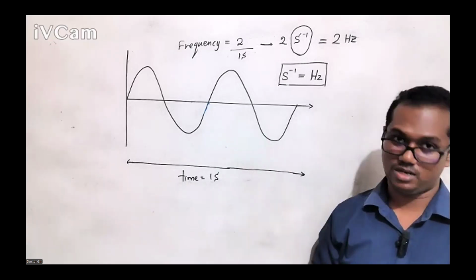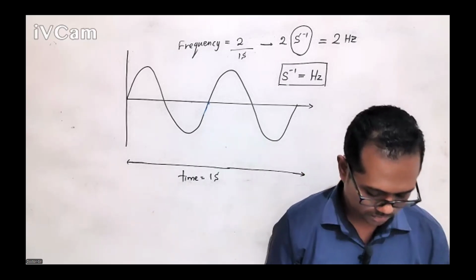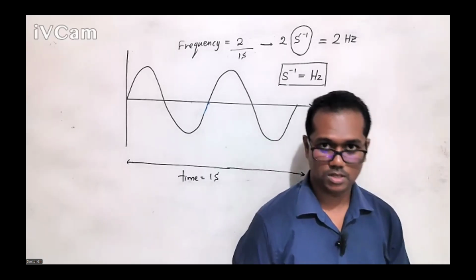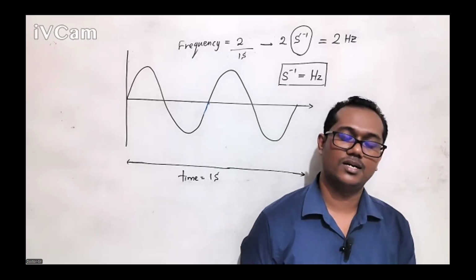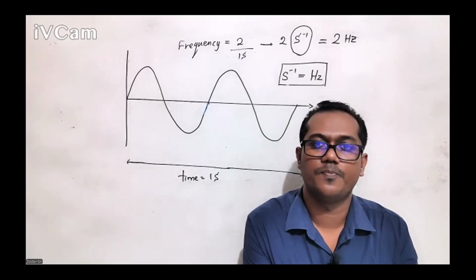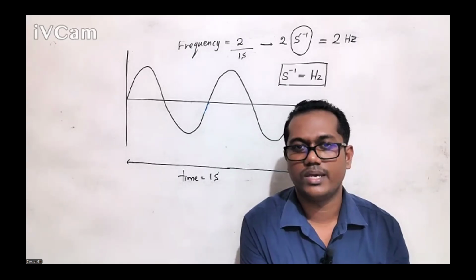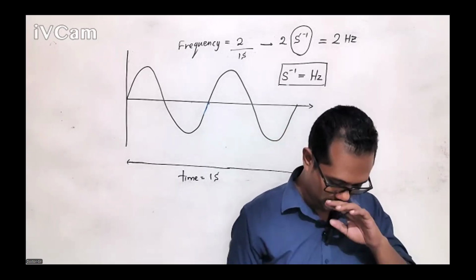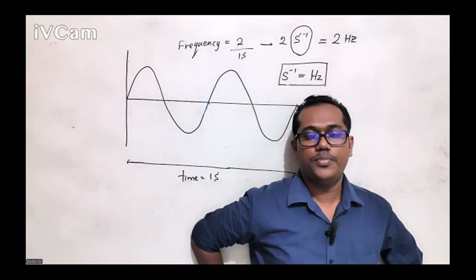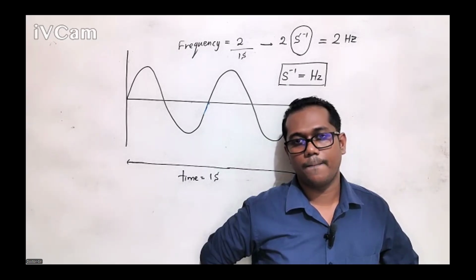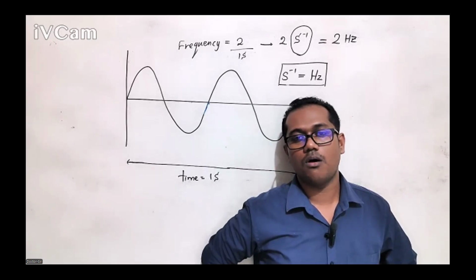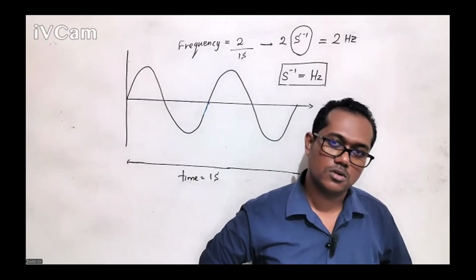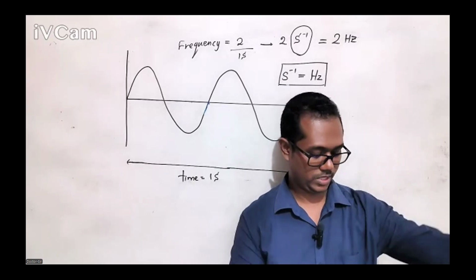You have been given three dotted lines, so write down there: the number of wave cycles per unit time is called frequency.